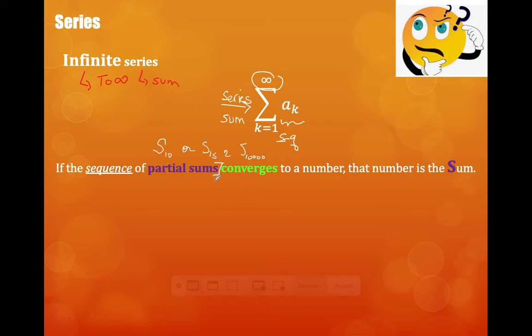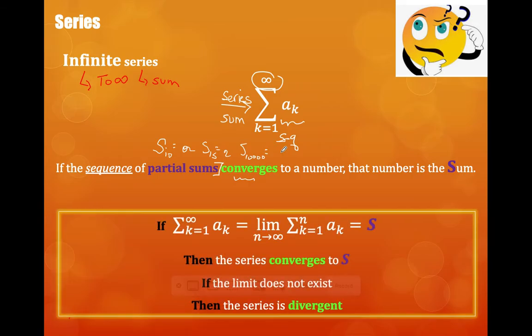If the sequence of partial sums converges, so not the sequence of the terms, if this sum is equal to a number, and this sum is equal to another number, and this sum is equal to a number, if the sequence of the sums approaches a number, then the infinite sum is that number. Oh, my Lanta, that sounds so confusing. I know. This is going to make it worse.